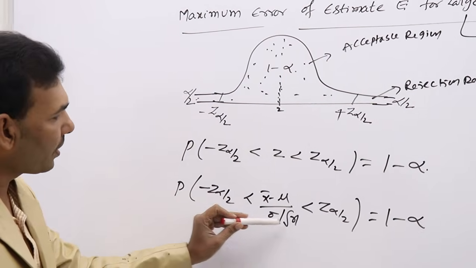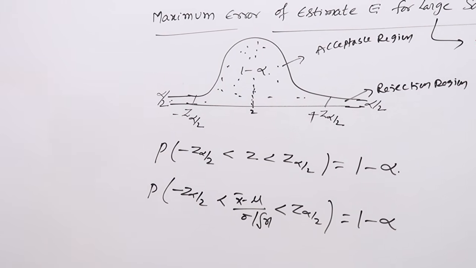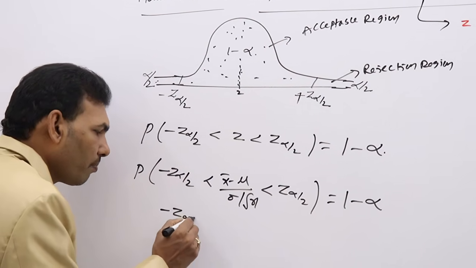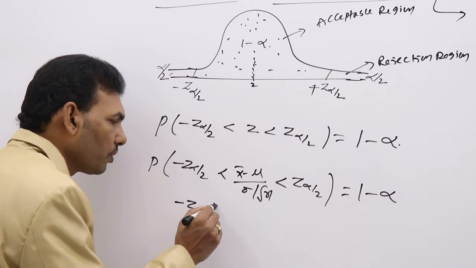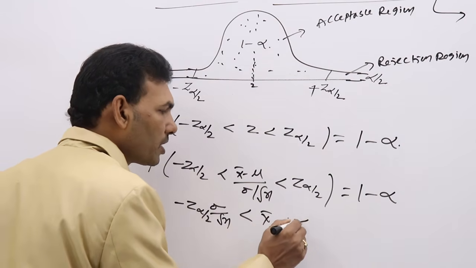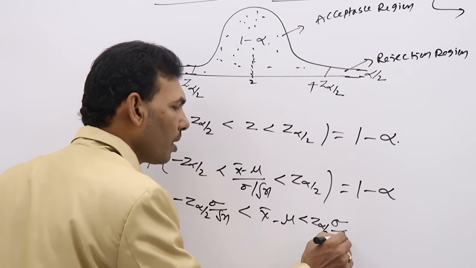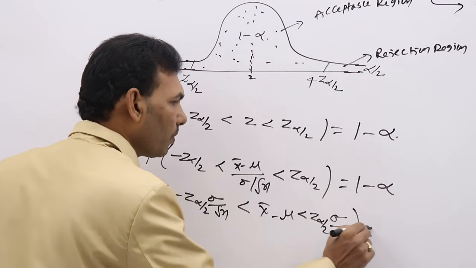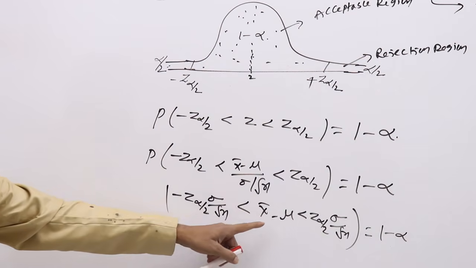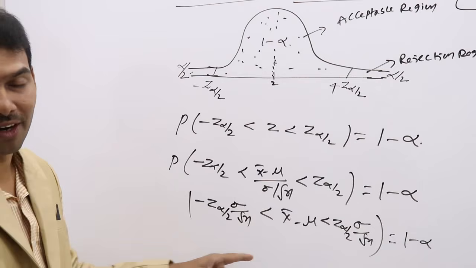For that I am taking sigma by root n to this side. If you take sigma by root n to this side, that means multiplying with sigma by root n: minus z alpha by 2 into sigma by root n less than x bar minus mu is less than z alpha by 2 into sigma by root n, equal to 1 minus alpha. Now add x bar on both sides to find the confidence interval for mu.